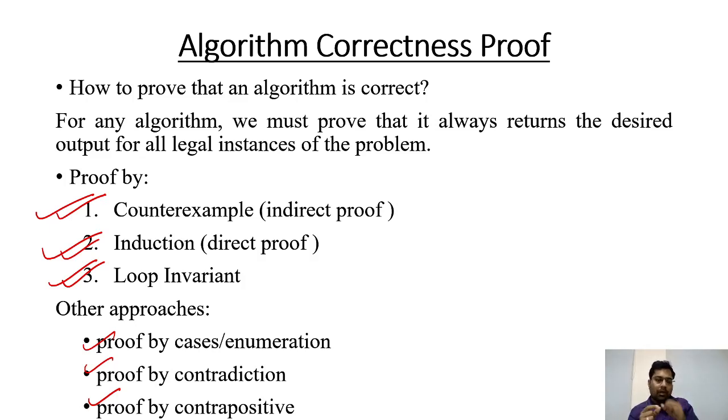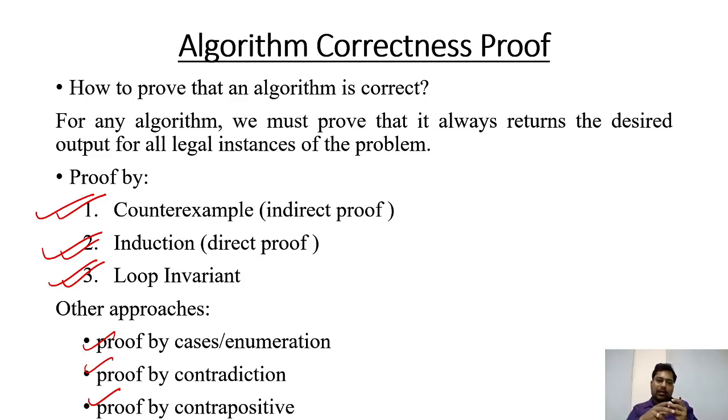The statements run one time and will give you the correct output. But in a loop, there might be a problem in the conditions, so whether it is stopping or not, it has to stop with the correct answer. That's why we focus on loop invariant.